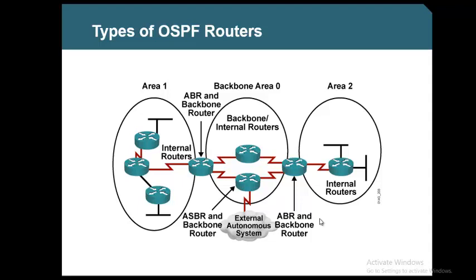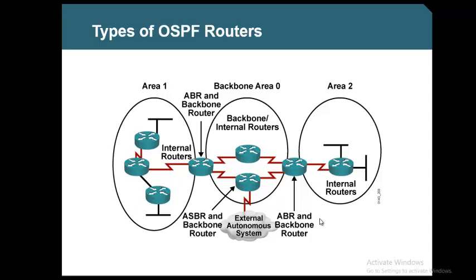Now this router where you see a cloud connected at the bottom, that router is the place where we redistribute routes from an external autonomous system into OSPF. That's the place where we take routes from EIGRP and give them to OSPF.